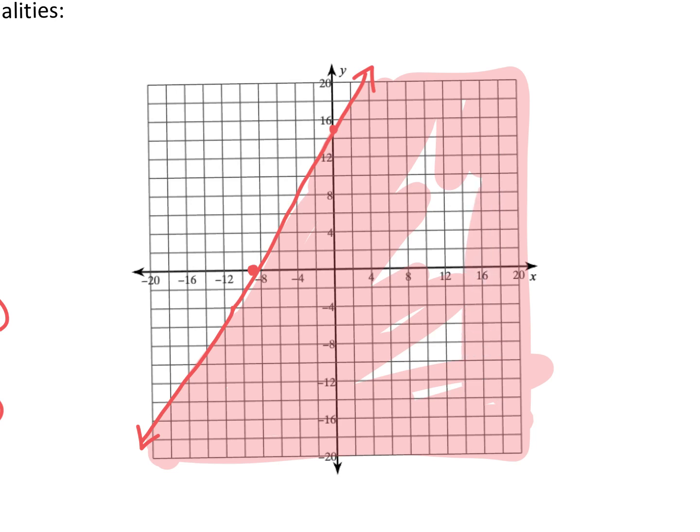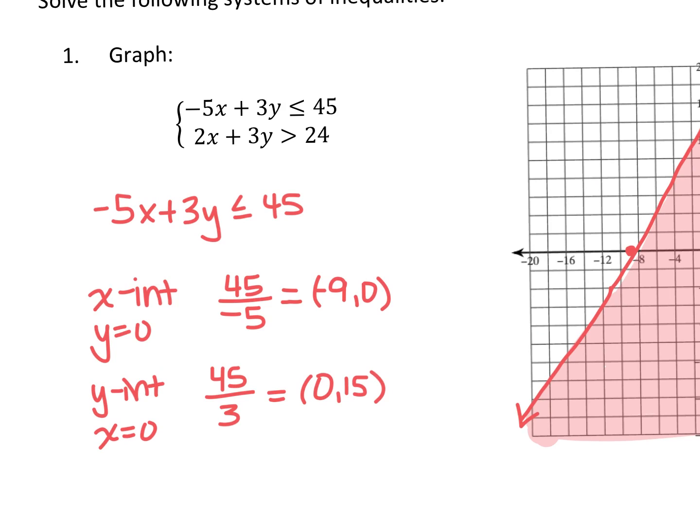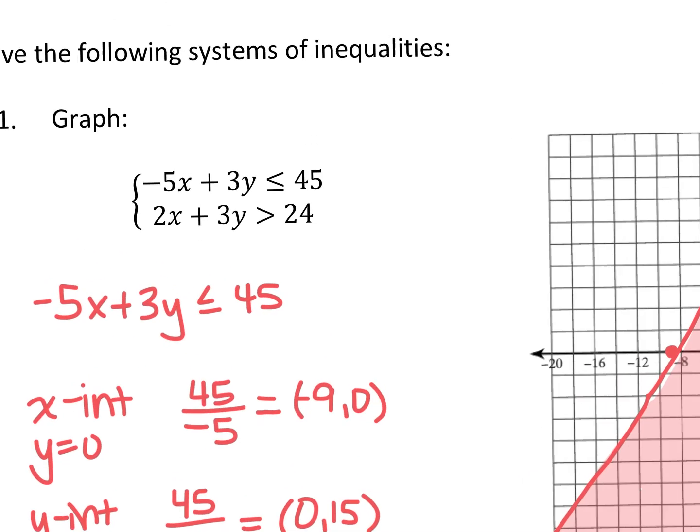I'm going to go ahead and graph a second inequality using intercepts as well. So let's go ahead and find those intercepts. So for the second inequality, I guess I'll just write it smaller over here.